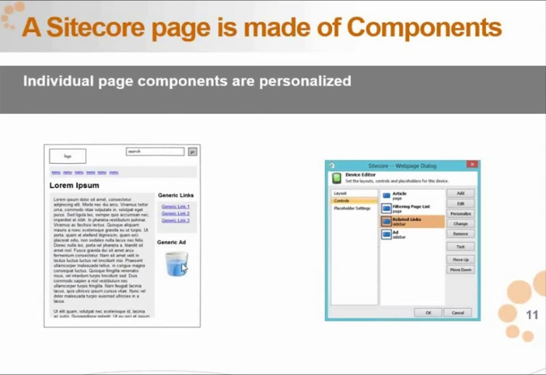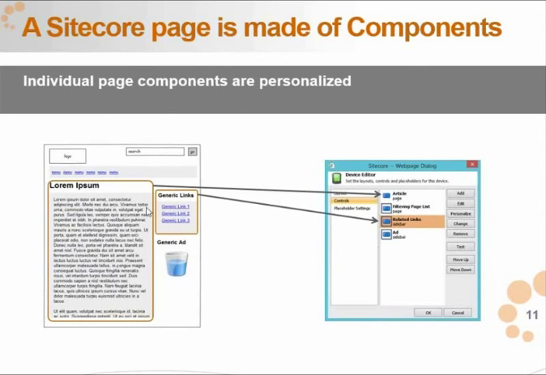We have data in Sitecore, and we can have another layer, the presentation layer, to define how you want the data to look. On this page, we have an article component, which is responsible for outputting the main content. We have related links to output some links. We have an ad component to show the ad.